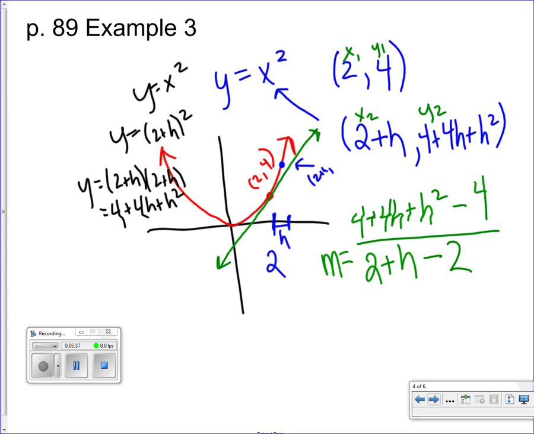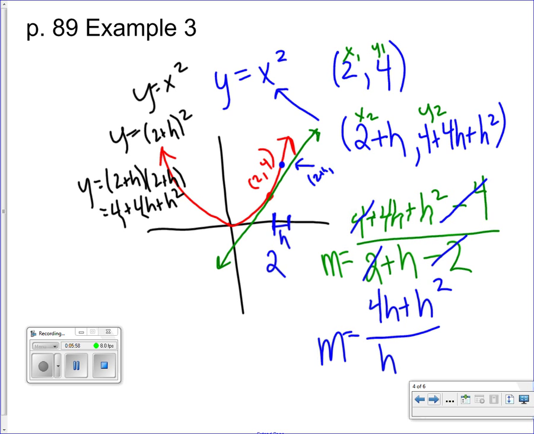Now I'm going to simplify. 4 minus 4, those cancel out. So then my numerator is 4h plus h squared. And then in the denominator, 2 minus 2 cancels out. My denominator is h.